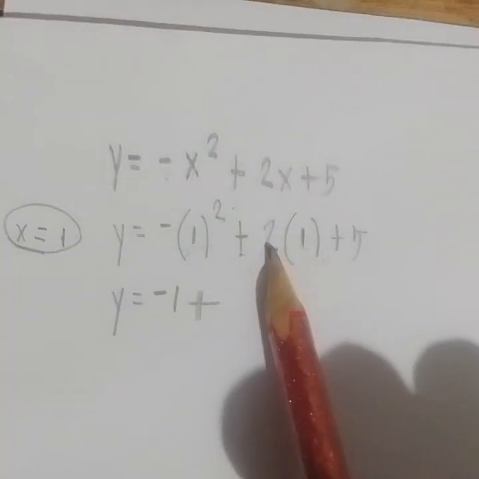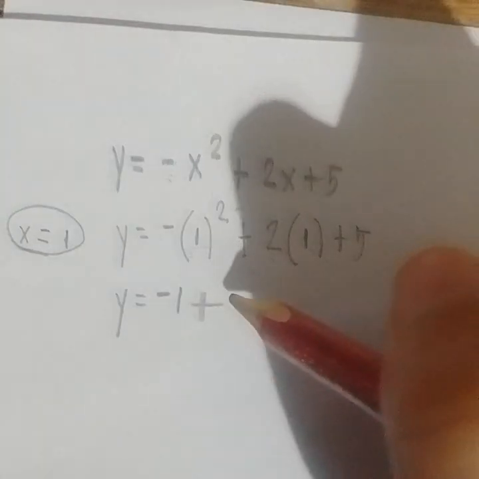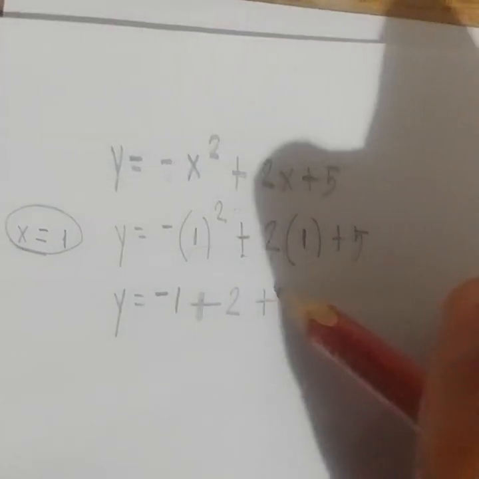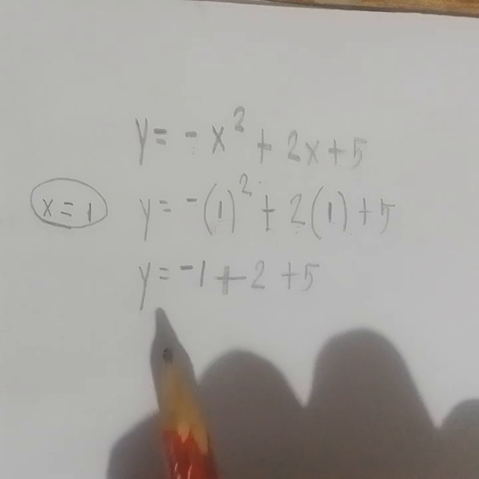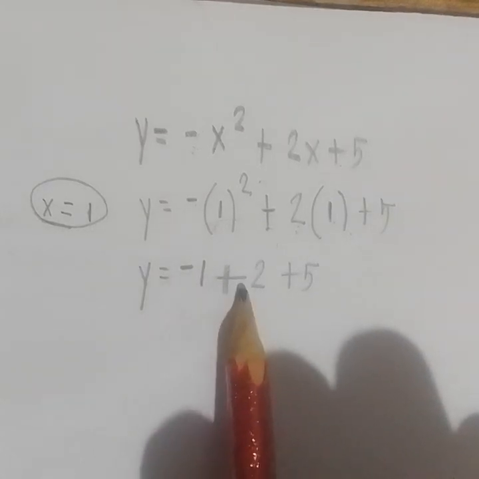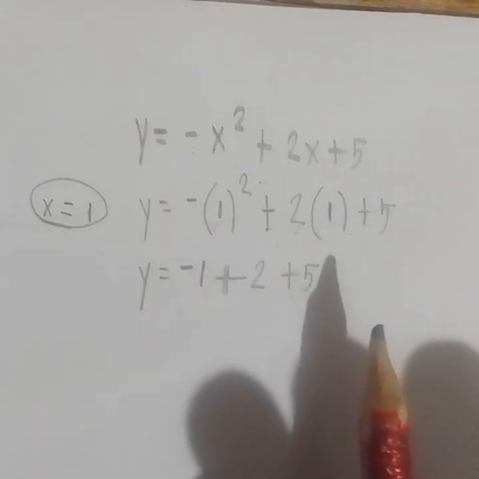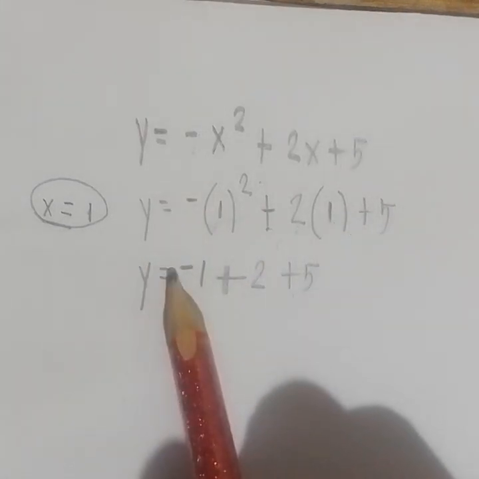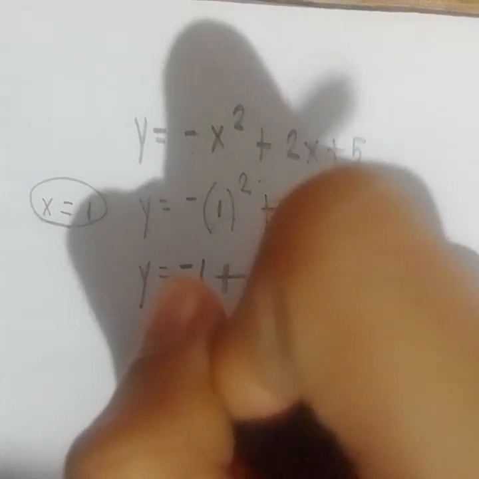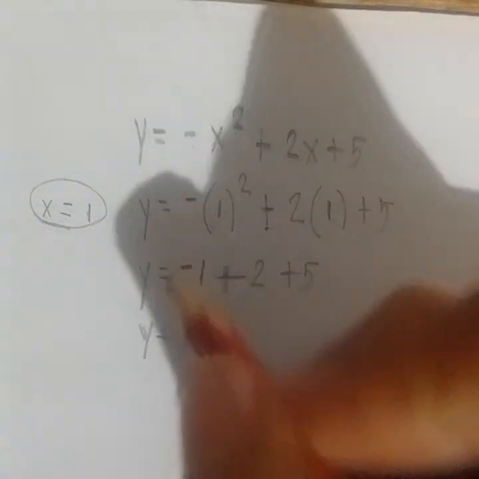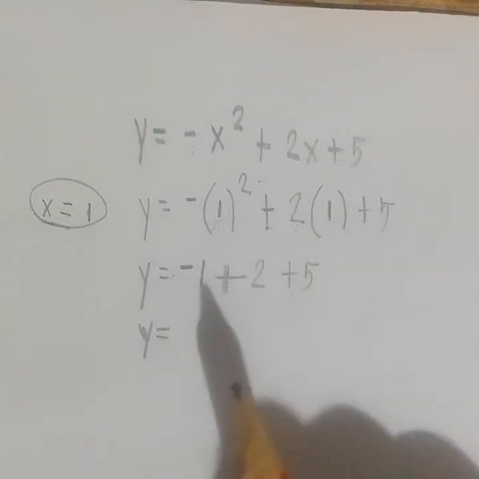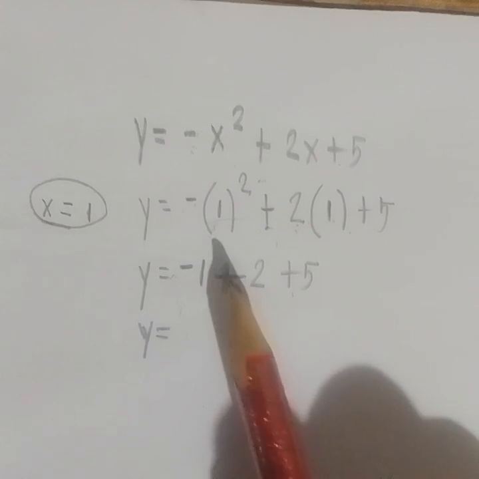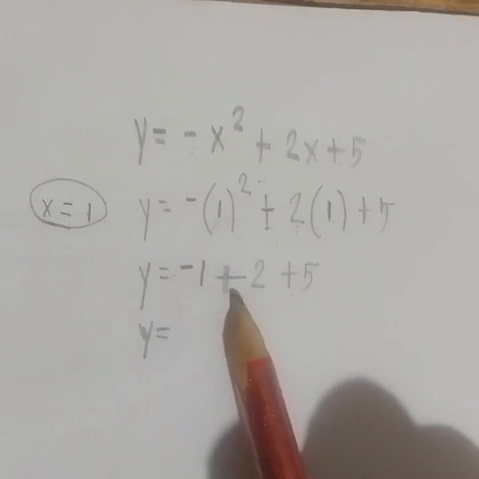Next, the values 2 and 1. 2 times 1 is 2. And the last term, we have plus 5. Since, in this case, we no longer see any parentheses, we will combine. Combine all the terms from left to right. First two terms are negative 1 and positive 2.